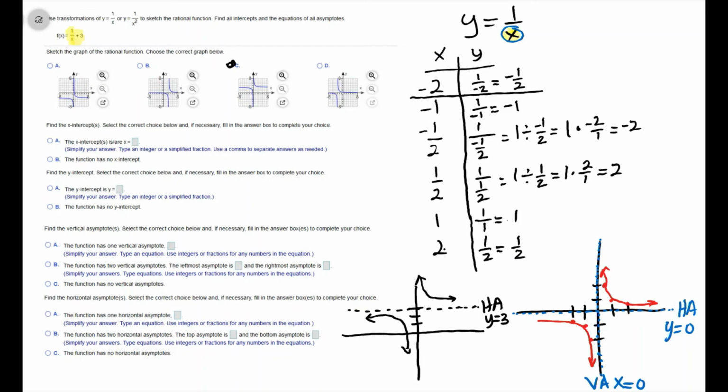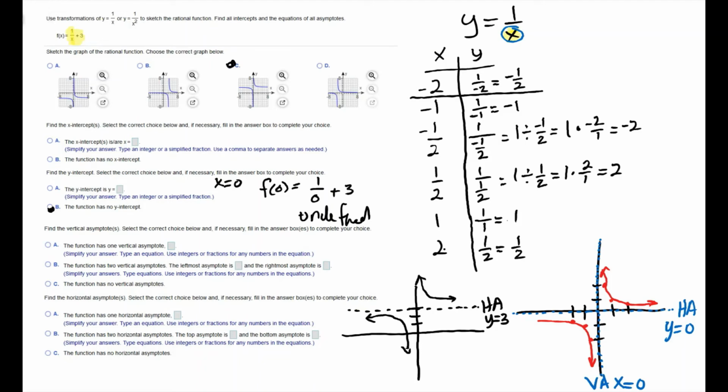You find y-intercepts by letting x equal 0. If I let x equal 0, f of 0 is 1 over 0 plus 3. And notice I have a 0 in the denominator, that's undefined. So there is no y-intercept.